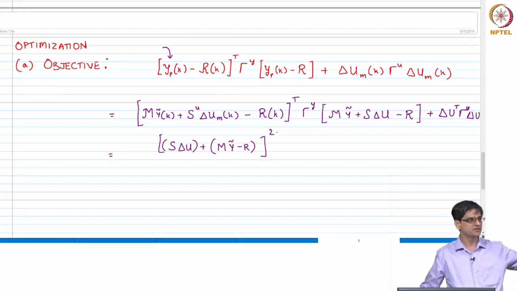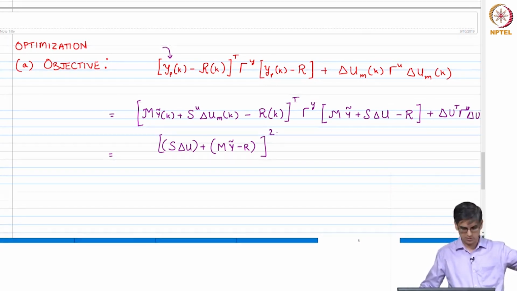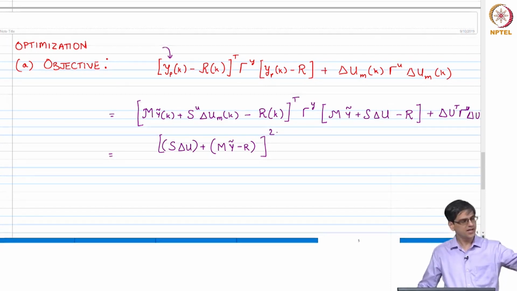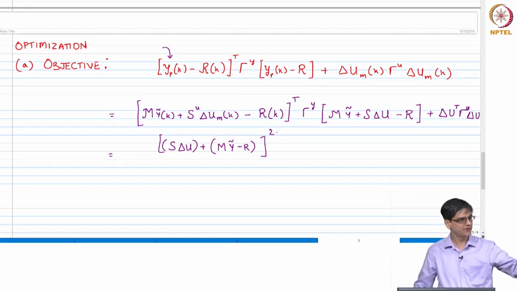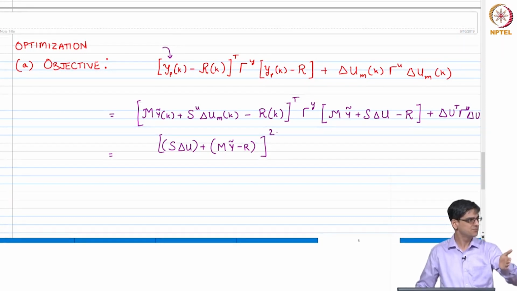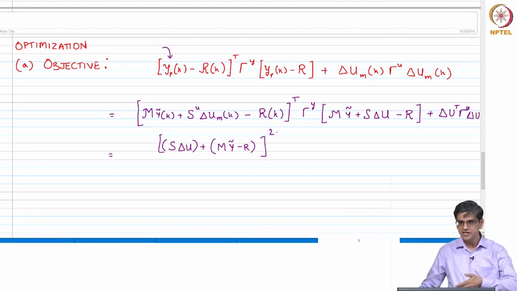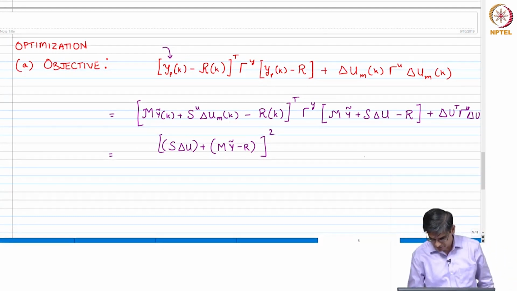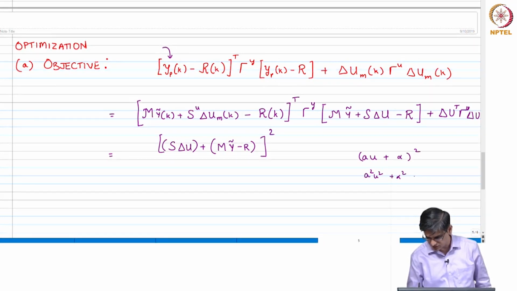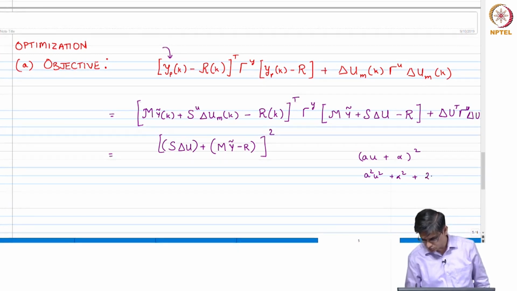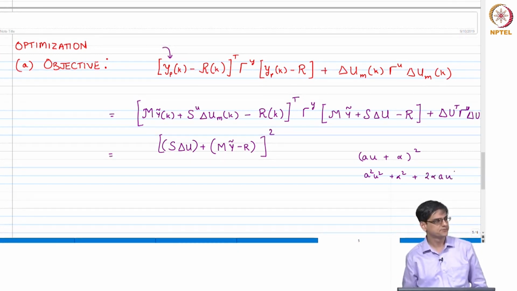So, you will have basically an S squared u squared term, you will have an m y tilde minus r squared term, and then you will have 2 multiplied by m y tilde minus r multiplied by S multiplied by u. If this was a scalar, (au plus alpha) squared is going to be a squared u squared plus alpha squared plus 2 alpha a u.